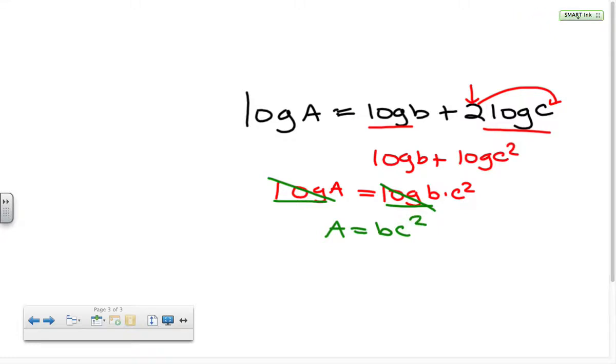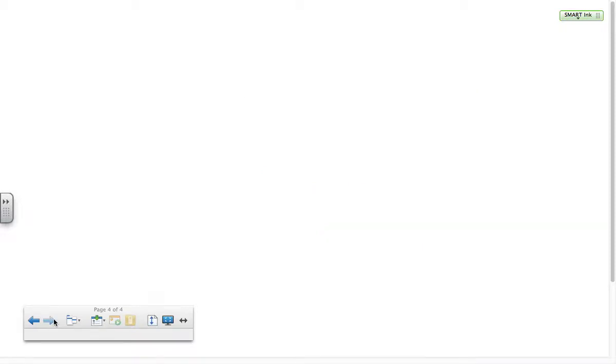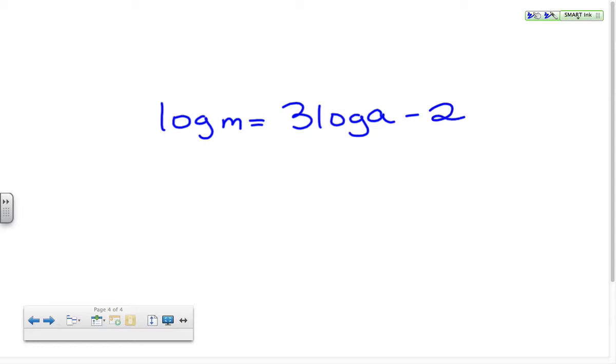One more example. Log m equals 3 log a minus 2. Now, if you remember from yesterday, when we have just a number, we can rewrite that as a log, and we're going to need to rewrite that as a log to get rid of the logs.